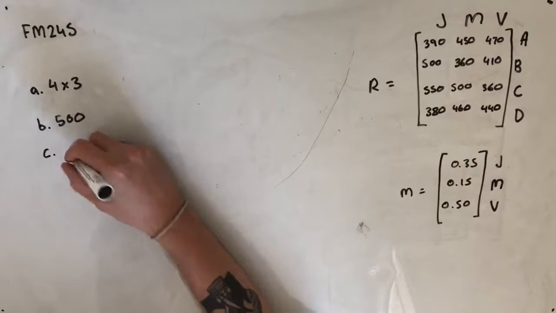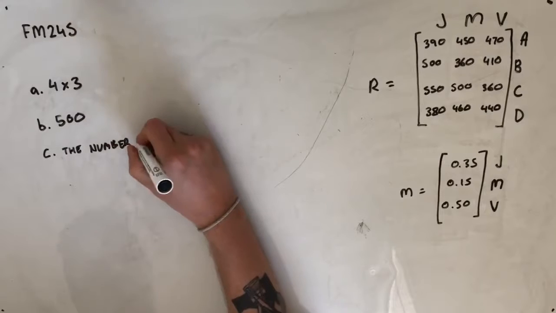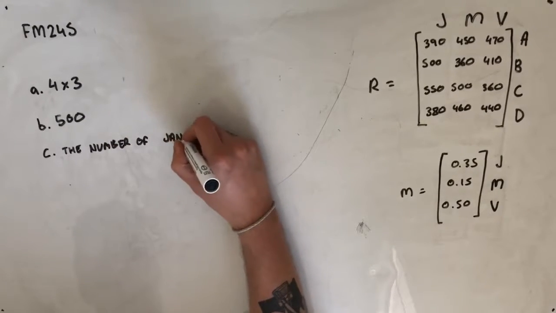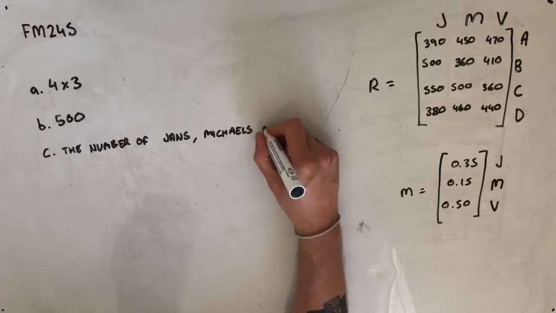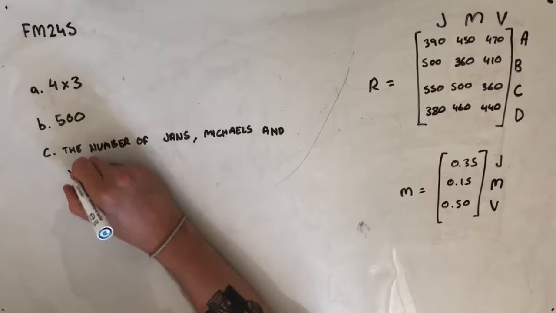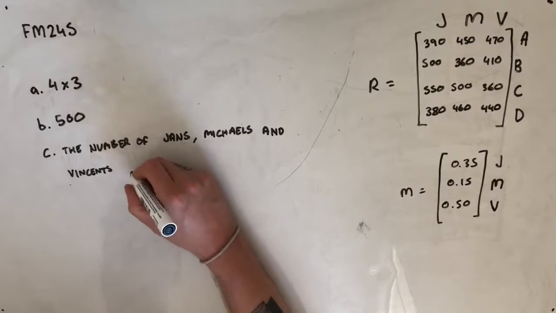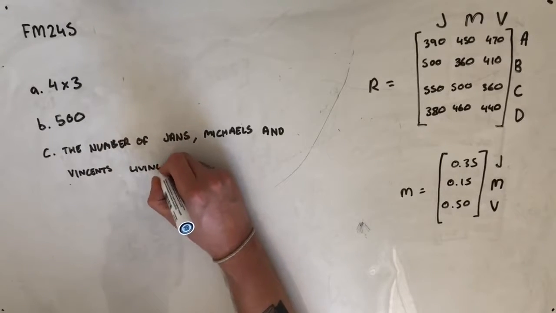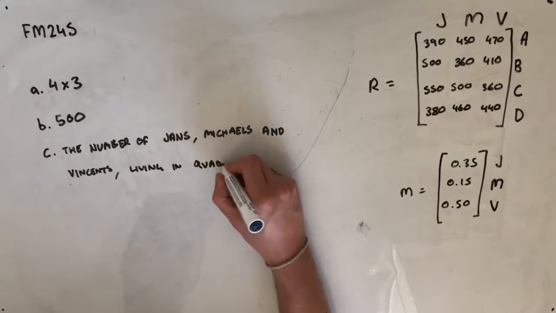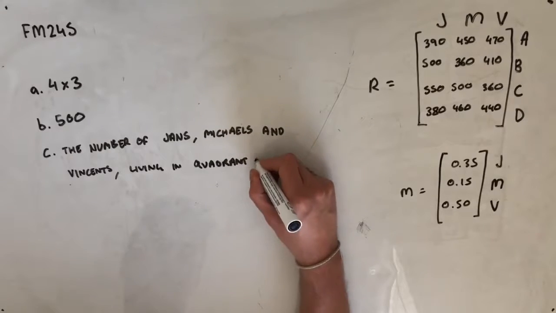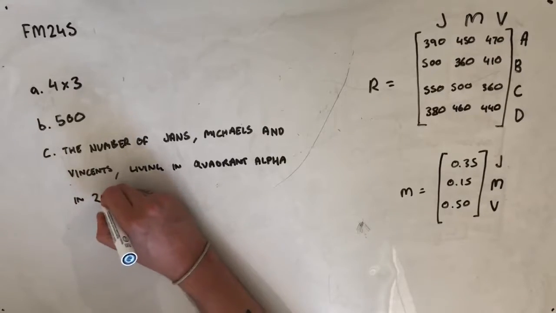Well, that would be the number of Jans, Michaels, and Vincents living in quadrant Alpha in 2018.